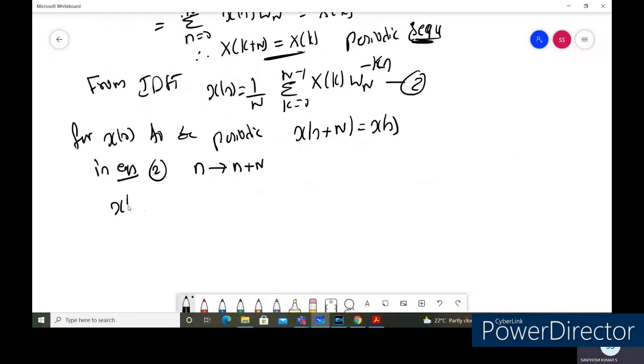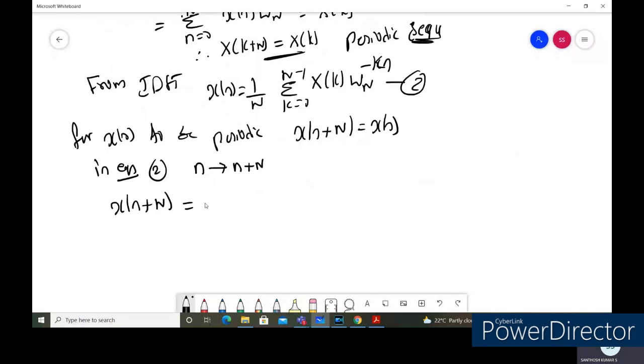So it will become x of n plus N. This will become equal to, wherever the small n is there, we replace it with n plus capital N. So we have summation k equal to 0 to N minus 1, X of k remains like that only, into omega to the power of minus k into n plus capital N. So again, let us apply the exponential indices.